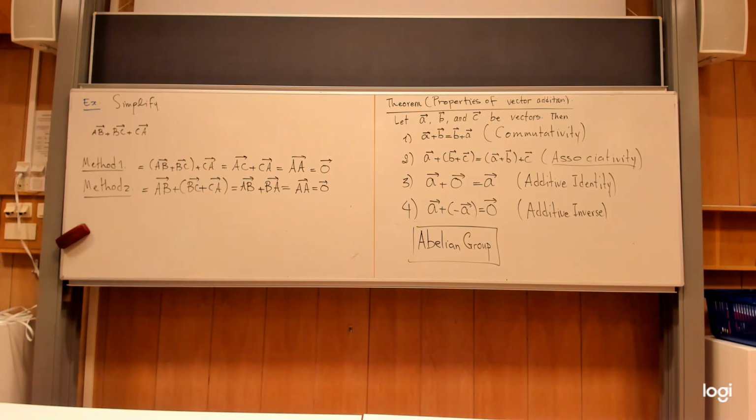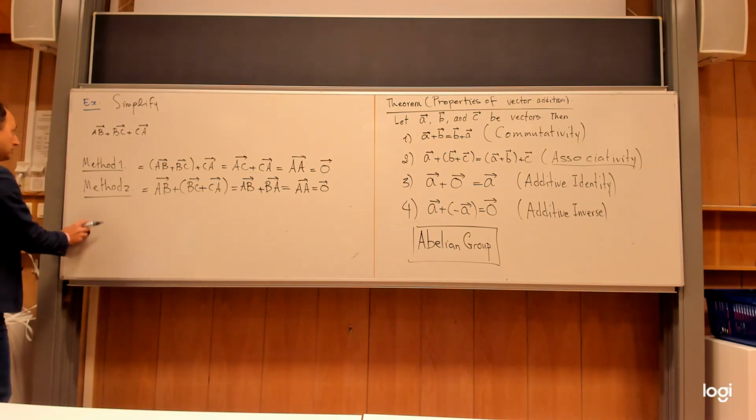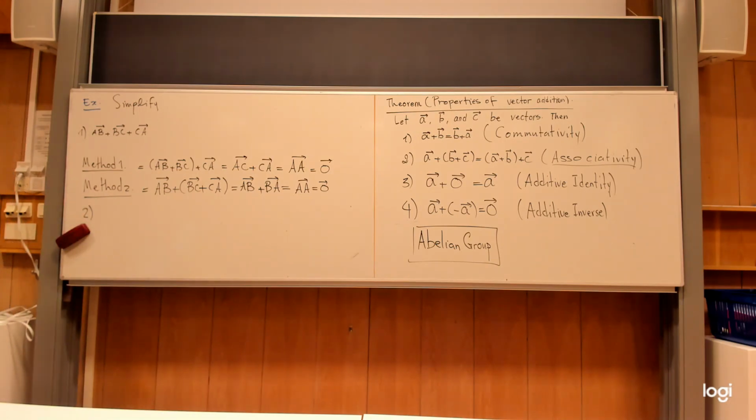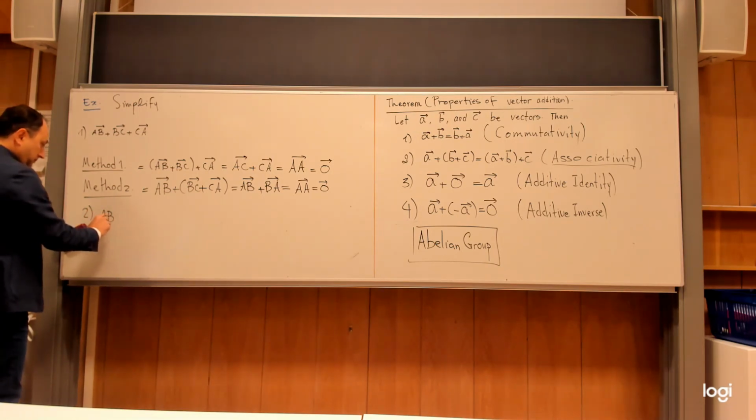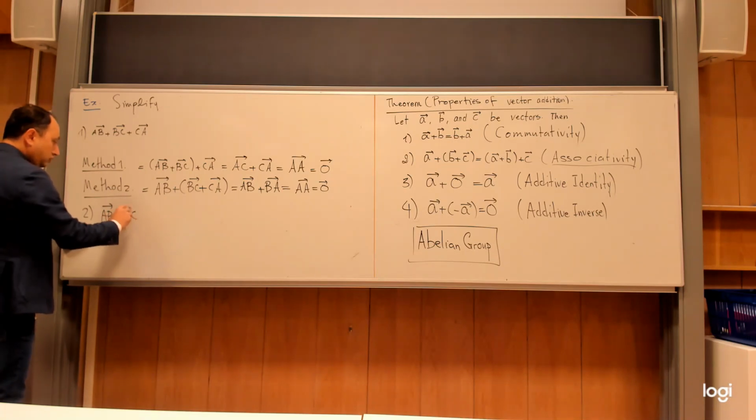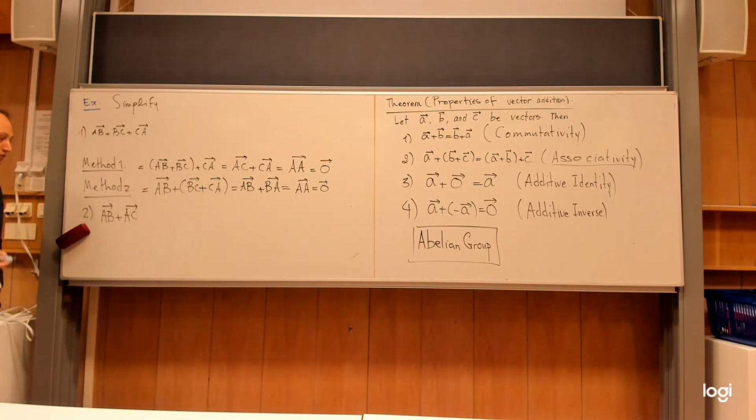Let me write another thing for you. Number 1. Number 2. I want you to do it for me. AB plus AC. If you draw a figure and convince me using a figure, that's also okay. But try to use Chasles's theorem and these properties as efficiently as possible.